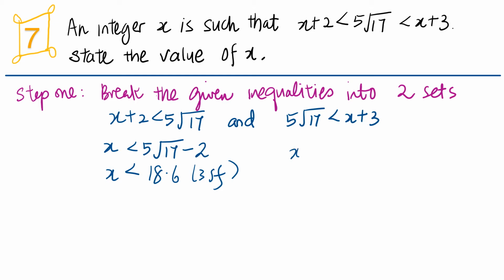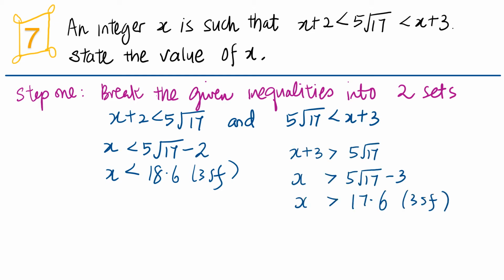For the second inequality, I'm just going to change the position, because usually when you need to find the value of x, it should be on the left hand side. So I shift x plus 3 to the left hand side and the other term to the right hand side. But you have to be very careful when you do the shifting. Can you see that the inequality sign has changed? Now the inequality sign is facing x plus 3.